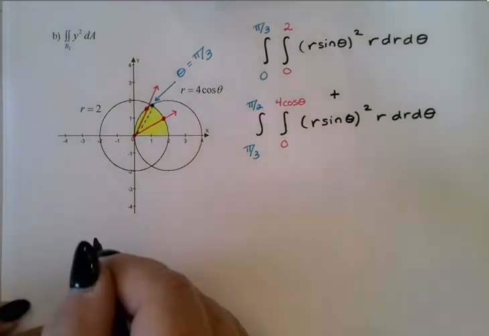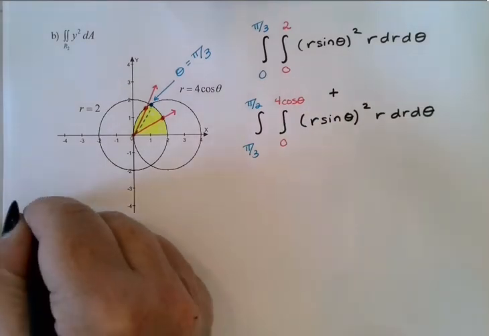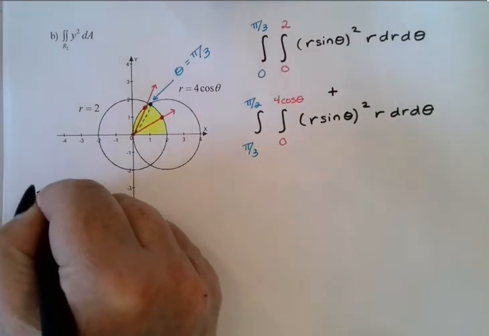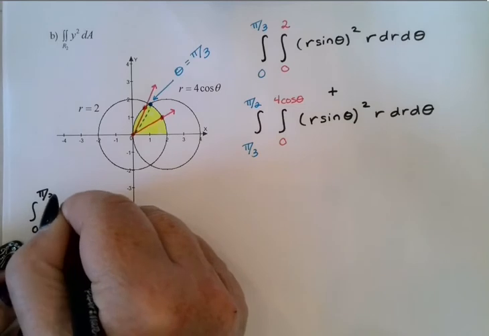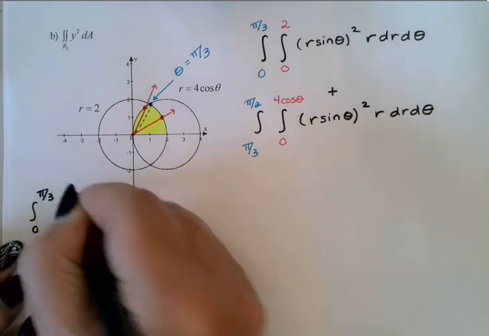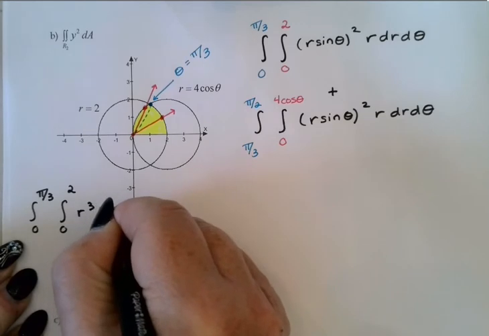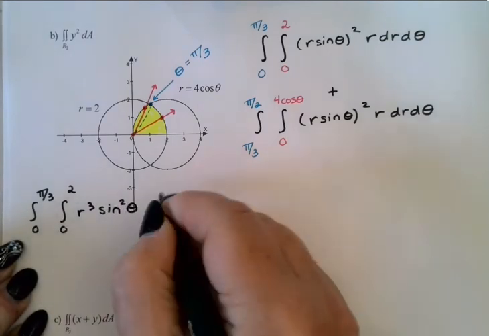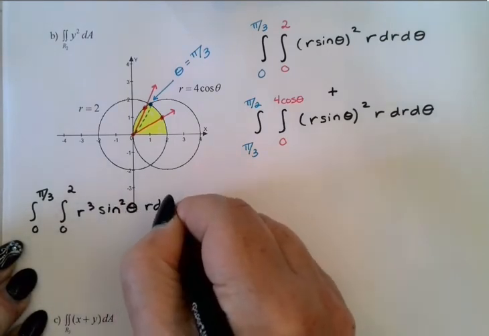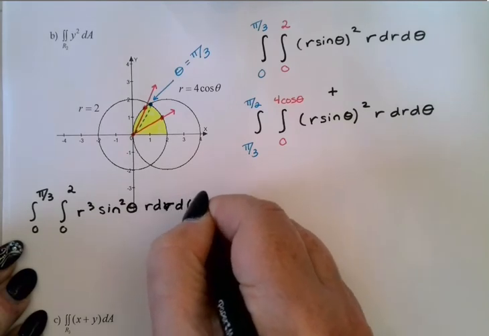In order to do that, I'll take this first one, and that would be r cubed sine squared theta dr d theta.